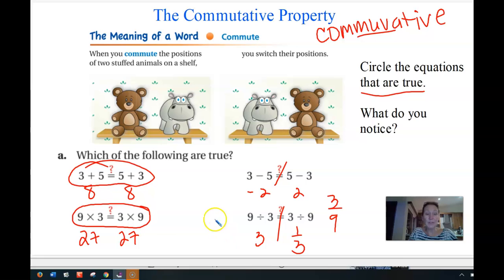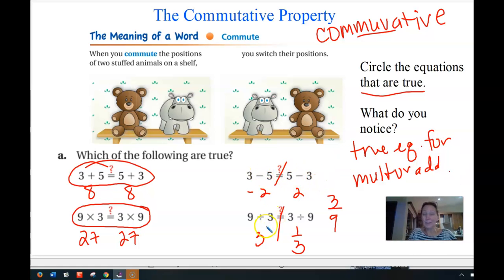So what I notice is that the equations are true when you have addition and multiplication. So I'm just going to abbreviate this. True equations for multiplication or addition. So if you change the order on subtraction and division, you do not get the same answers, right?